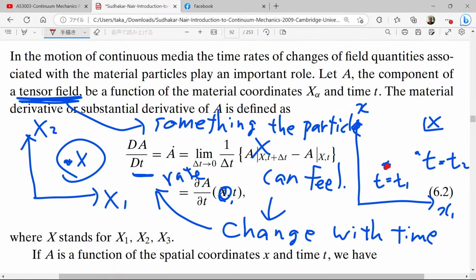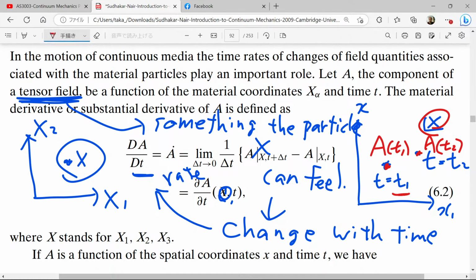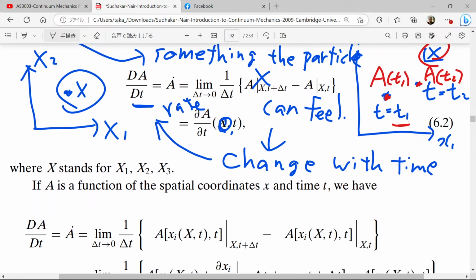So at this position at t equals t1, it can feel A1. Then this same particle X can feel another field value here, this is A2. Yeah. So then you go to the next.